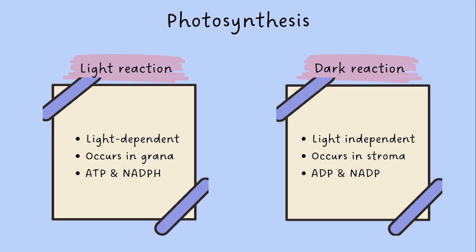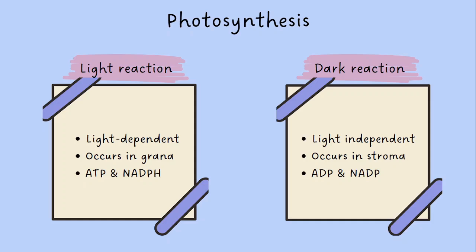Okay, now one thing, the light reaction occurs in grana, and it is a light dependent reaction, and the dark reaction occurs in stroma, and that is a light independent reaction, but it depends on the byproduct of light reaction. What is the byproduct of light reaction?